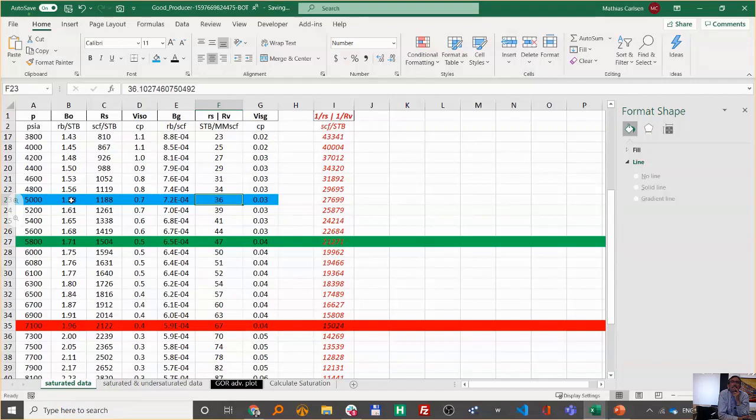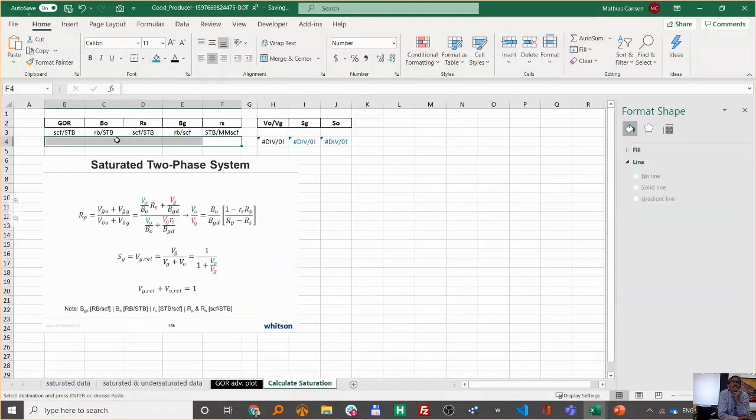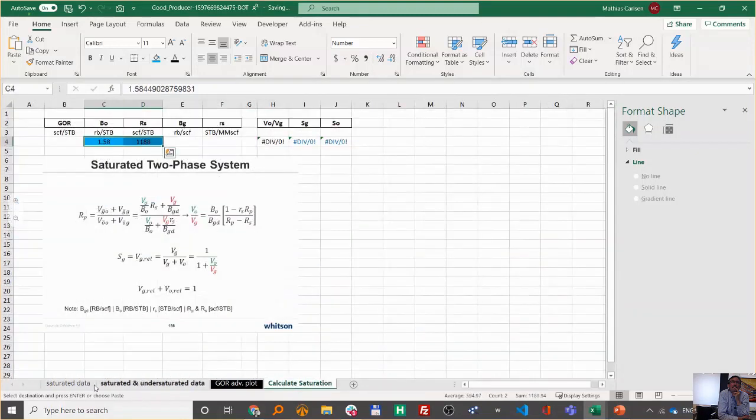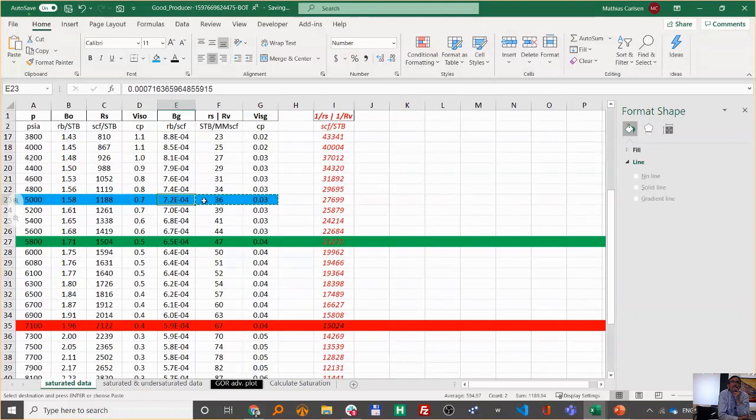And actually, this information, just for example purposes, can be used to calculate the saturation of the gas and oil phase at those conditions. So if we just simply copy paste these values right here in blue into the calculate saturation pane or sheet, I guess. And then we do that also for the gas, also, oh, that was viscosity, and we also do that for the gas side.